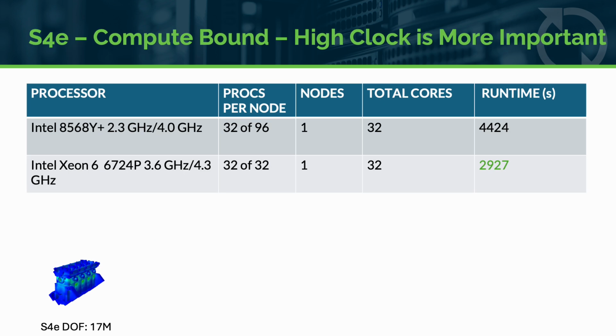Now, for explicit, it's a little bit different. There, it's not memory bandwidth sensitive as much as it is clock speed sensitive. So showing here, going on a previous generation processor running at 2.3 gigahertz baseline, by running on 32 cores of that and keeping the token cost the same, on the latest generation running at 3.6 gigahertz, I was able to get a big speed up from 4,424 seconds to 2,927 seconds.